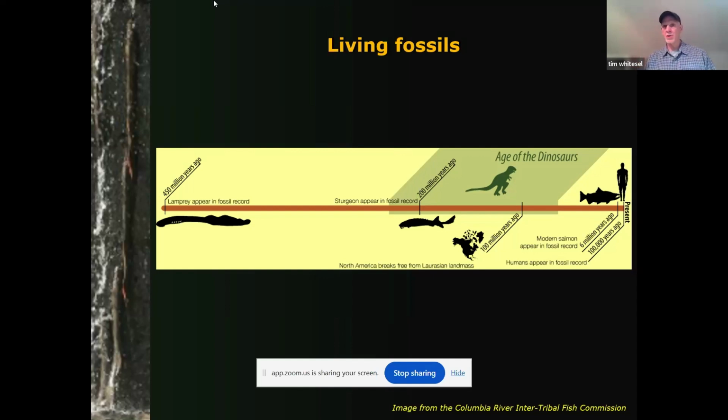And then dinosaurs disappeared about 50 million years ago. So lamprey were around a long time before dinosaurs, watched the dinosaurs come, watched the dinosaurs leave, and lamprey are still here. On the far right of that timeline, you can see that about 6 million years ago is when we first started seeing salmon in the fossil record. And then not very long ago, in a relative sense, humans showed up. So they basically just get a little line on that time scale. It gives you some sense of how long lamprey have been around.